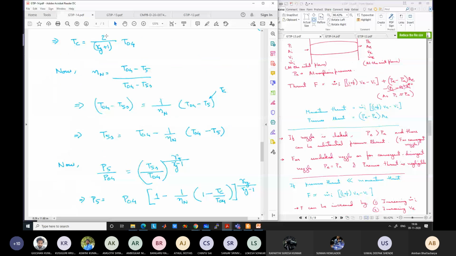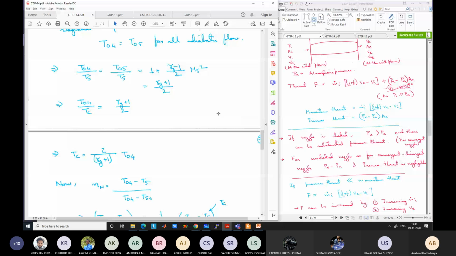So the question is how to find the pressure thrust. The momentum thrust we have already calculated. To find the pressure thrust, we need to calculate Pe, which is the pressure P5, the exit pressure.